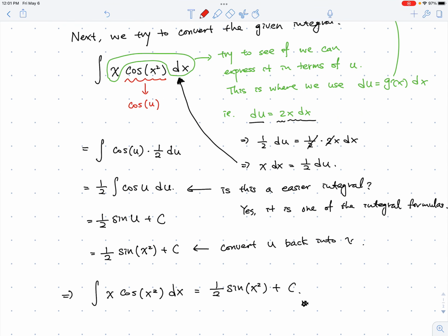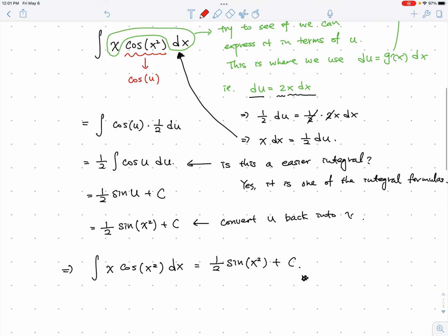Then you go back to your given integral and see if you can write everything in terms of x into something in terms of u only. If you are not able to do such a conversion, meaning you have some x and some u, that's an indication you should try a different u.